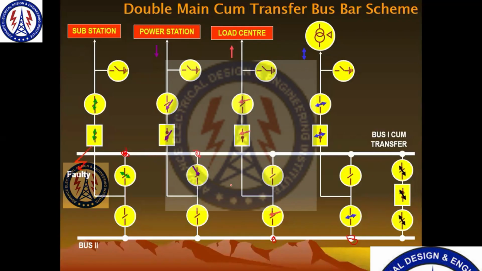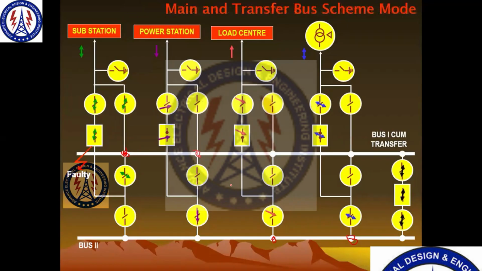Now suppose there is a fault on this feeder. The power will be interrupted for this particular feeder. Now when you transfer the system to this bus bar scheme, if you remember, this is the main and transfer bus bar scheme mode.